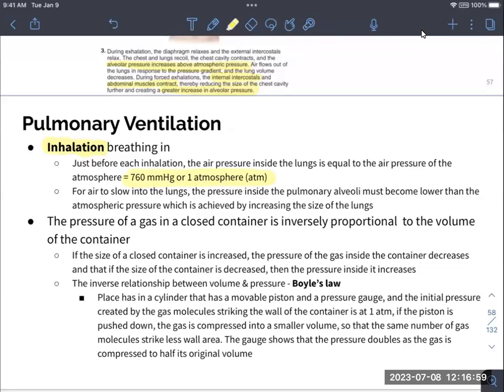So for air to actually flow into the lungs, the pressure inside the alveoli has to become lower than atmospheric pressure. We do that by contracting the diaphragm, increasing the size of that container, the chest cavity.